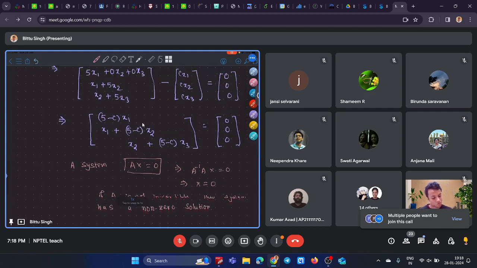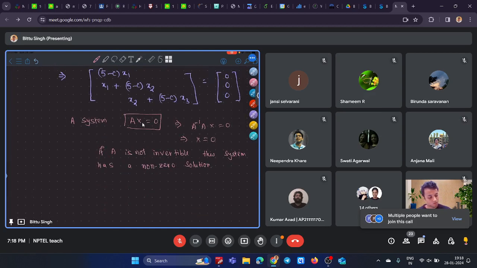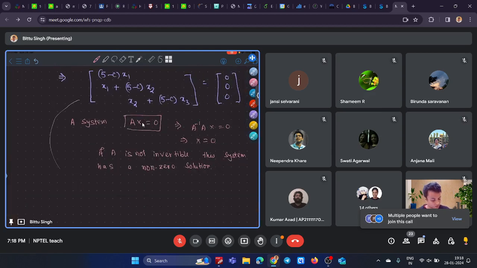So now this system can be written in this way. You can write this system as the matrix with rows (5 minus c) 0 0, 1 (5 minus c) 0, 0 1 (5 minus c), times x. What is x? X means x1, x2, x3. Okay, this is the same as 0.